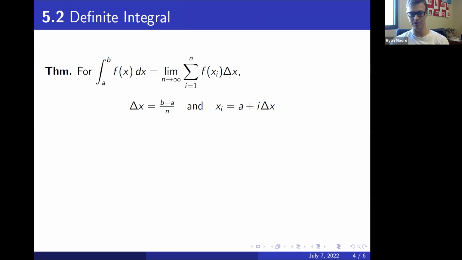Well, it turns out we use this notation for now, but this is how we actually do the calculations.